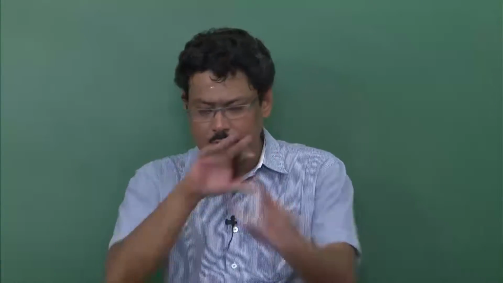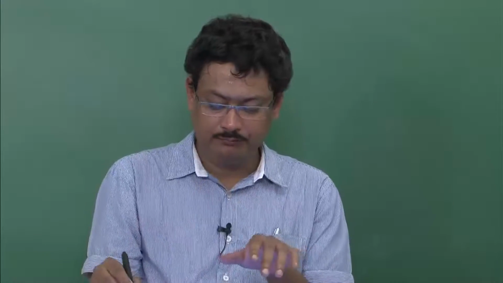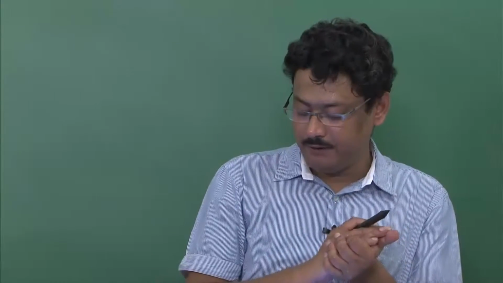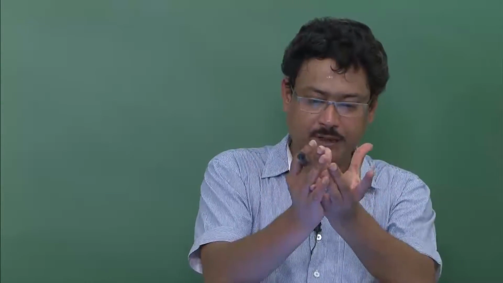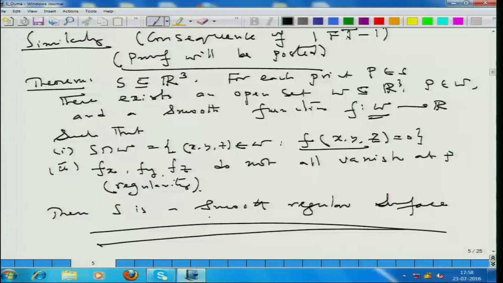I choose certain open sets, construct the patches of the surface by taking a smooth function f and looking at the level set of that function, and I put the patches together, then I will get a smooth regular surface.